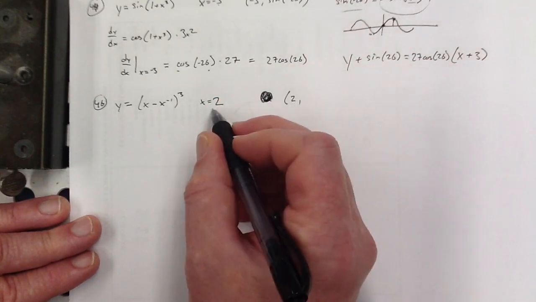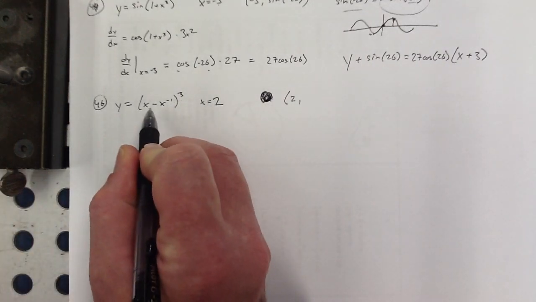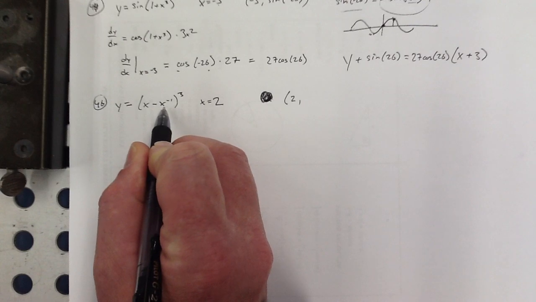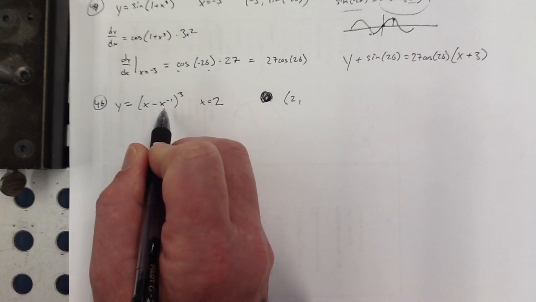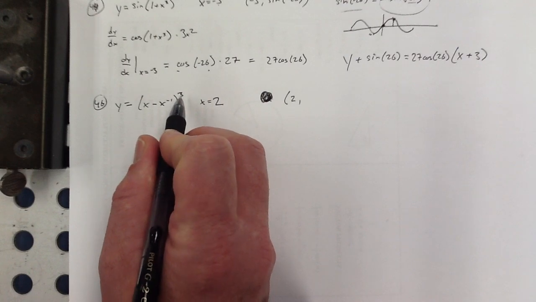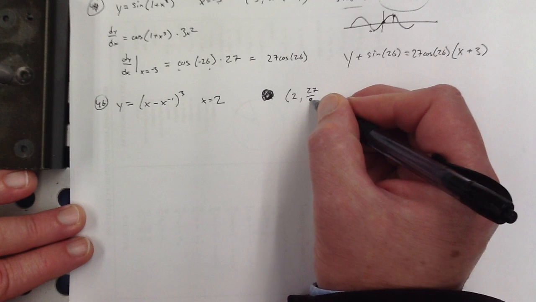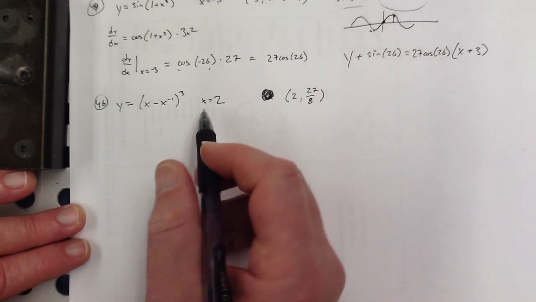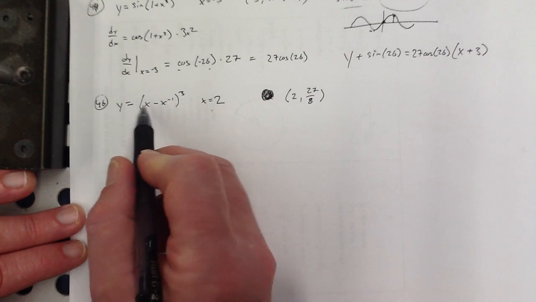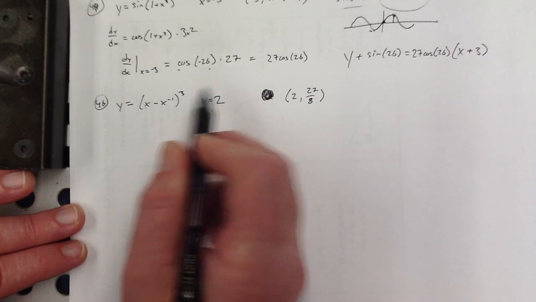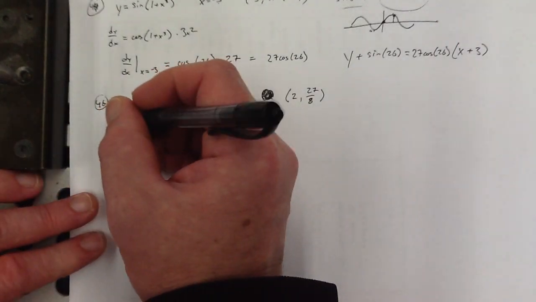It's 2. 2, comma, what do I get when I plug 2 in here? I get 2 minus a half, which is 3 halves. And then if I raise that to the third power, that's 27 eighths. 3 cubed is 27, 2 cubed is 8. All right, so that's my point.